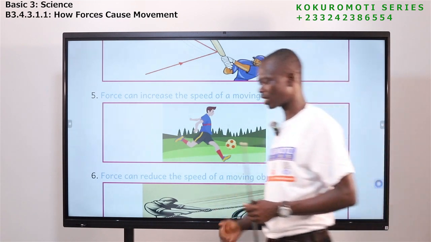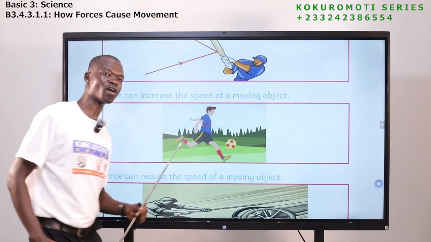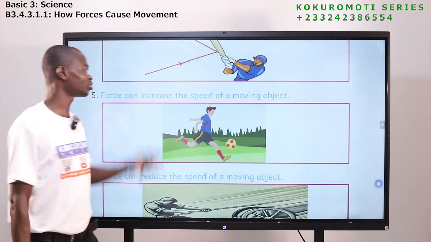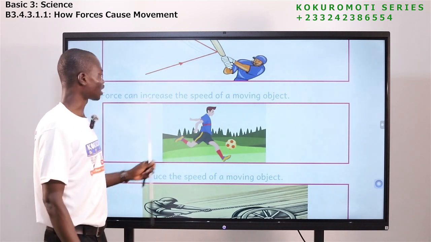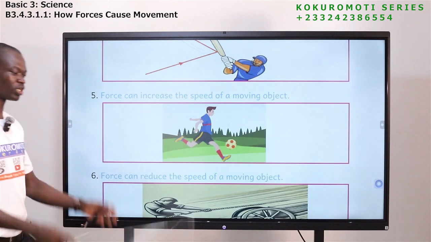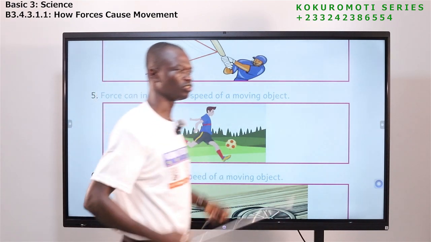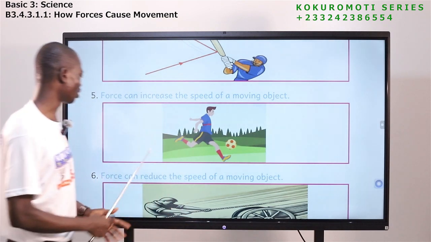If a ball is going and you want the ball to move faster, you can go and kick the ball. If you kick it hard, you see that the speed will increase. So we are saying that force can increase the speed of a moving object. If an object is going and you want it to move faster, you need to apply more force to the object and it will start moving faster for you. Okay.